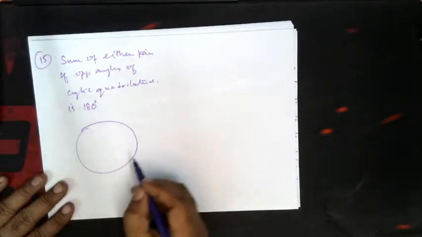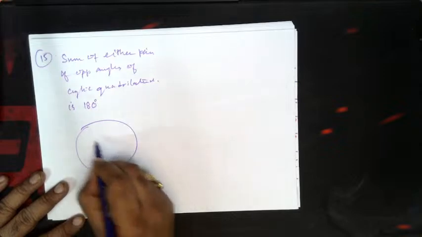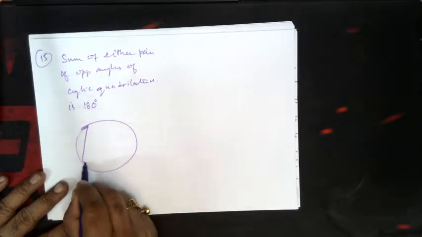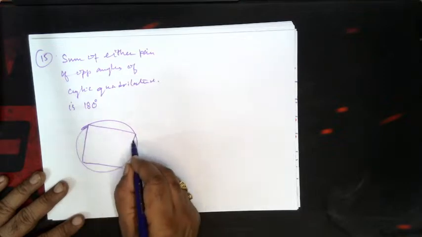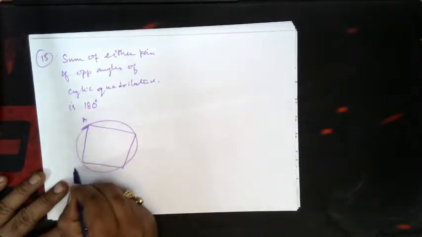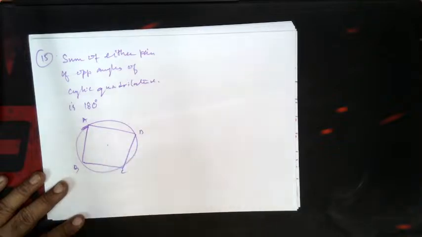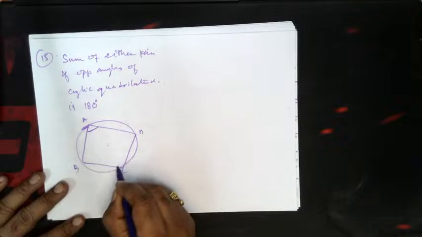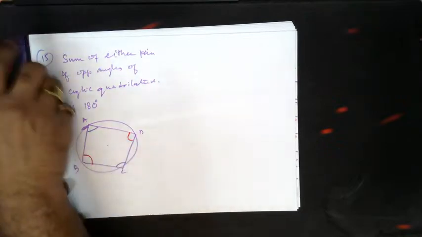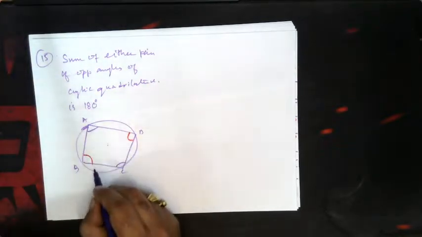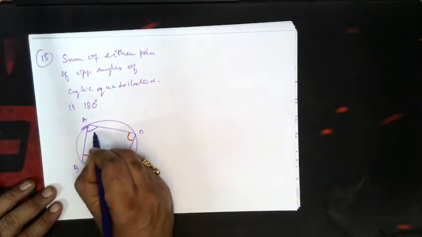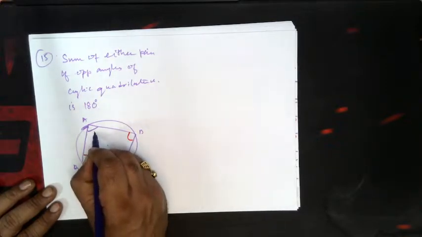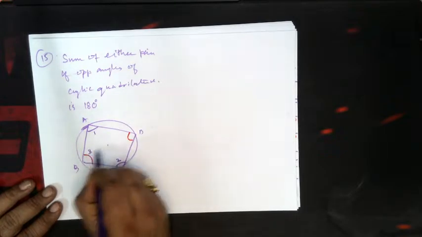You can draw a circle, and quadrilateral means what? A four-sided figure drawn on the circle. Let me say A, B, C, D. This is a cyclic quadrilateral. The sum of either pair: one pair is A, C, another pair is B, D. Let me represent them by numbers also: angle 1, angle 2, angle 3, angle 4.